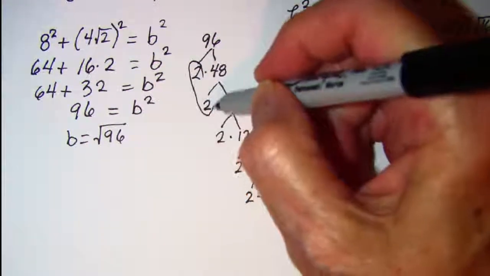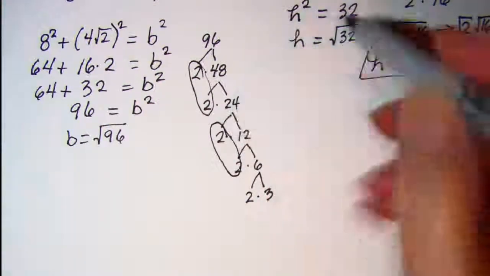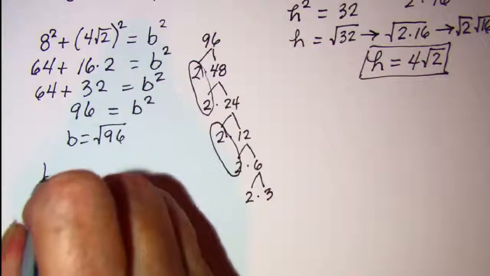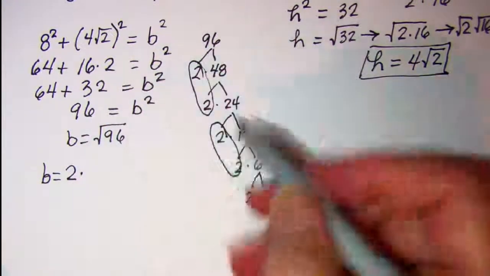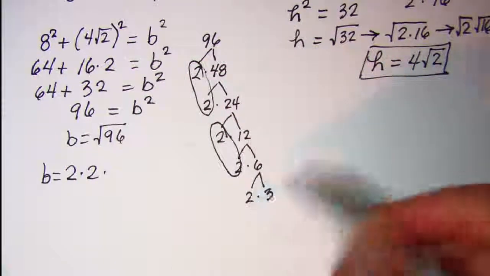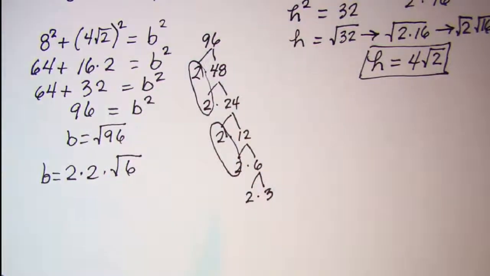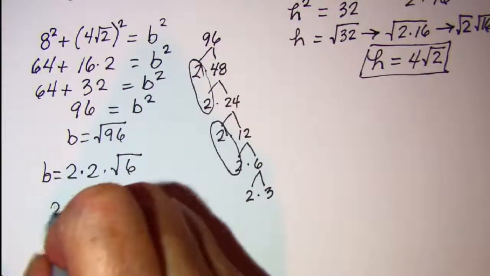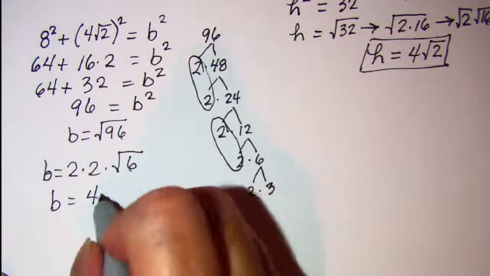So this pair of 2's and this pair of 2's, I can write this as b is 2 times 2 times, and then what we have left is 6. So that has to stay under the radical. So I have b is equal to 4 root 6.